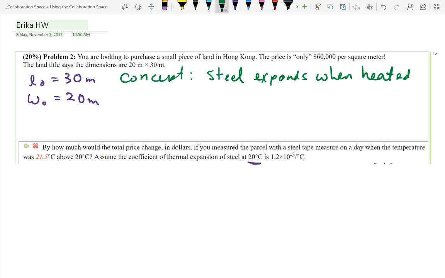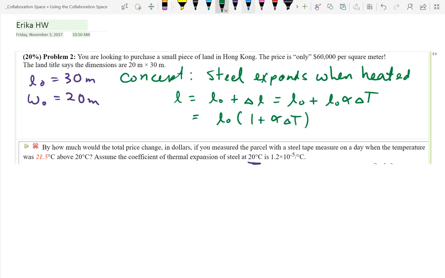The actual length we're going to measure will be the original length plus the change in length, or more simply, L equals L naught times 1 plus alpha delta T. And likewise the width we're going to measure will be the original width times 1 plus alpha delta T.